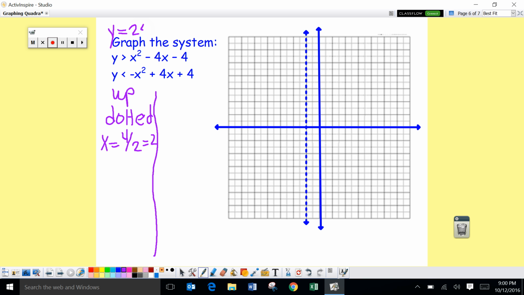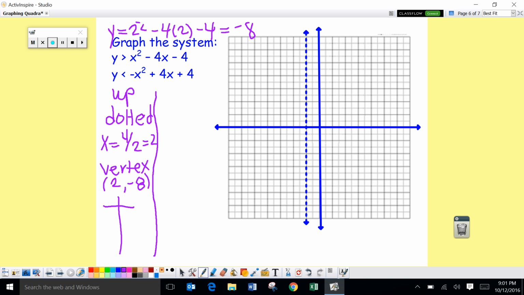I have 2 squared minus 4 times 2 minus 4. 2 squared is 4. 4 minus 8 is negative 4. And negative 4 minus 4 is negative 8. So my vertex is at 2, negative 8.